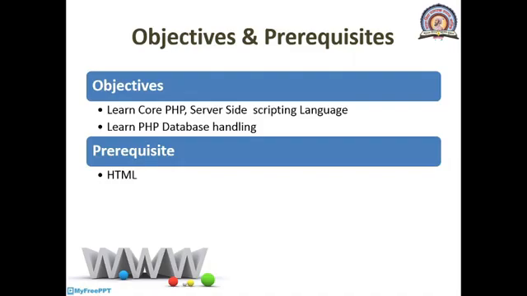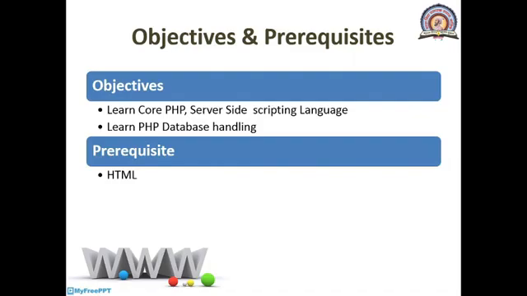The prerequisite for learning this course is that we should have knowledge of hypertext markup language, that is HTML, because web pages are developed using hypertext markup language, and that's why we should have knowledge of HTML.